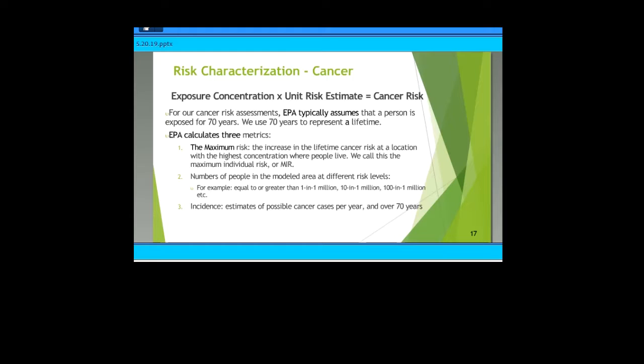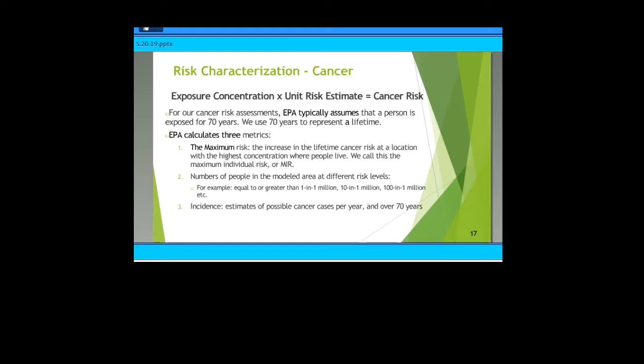So as I just mentioned, exposure concentration times the unit risk estimate equals the cancer risk. Again, for our cancer assessments, EPA typically assumes that a person is exposed for 70 years. And we will do 3 calculations in our risk characterization. The first one is called the maximum risk. This is the increase in the lifetime cancer risk at the location of the highest concentration where people live.